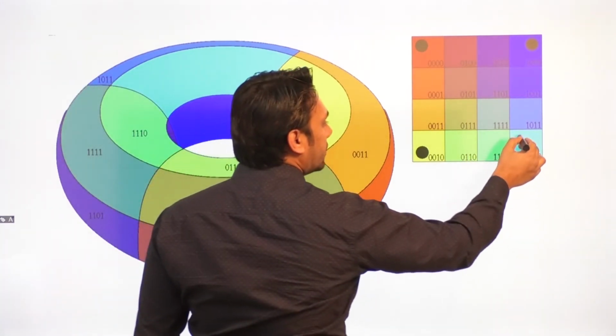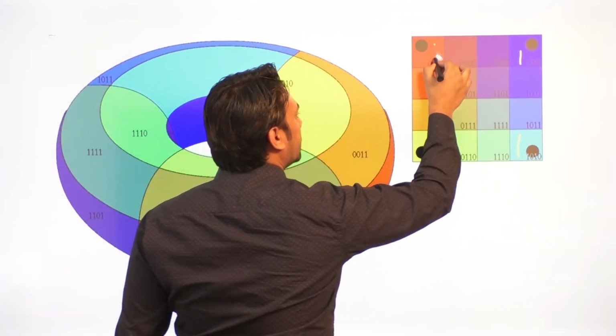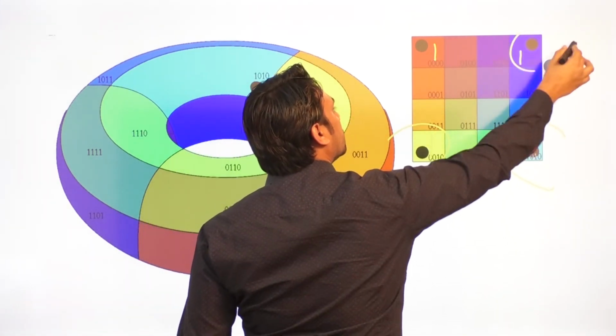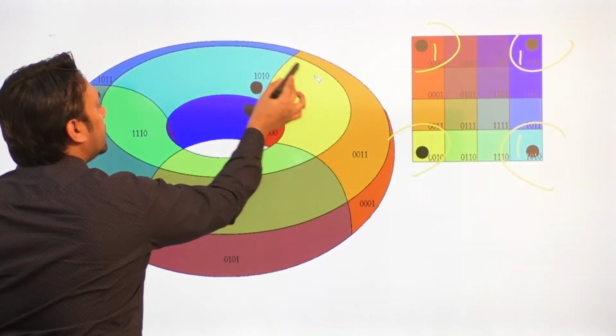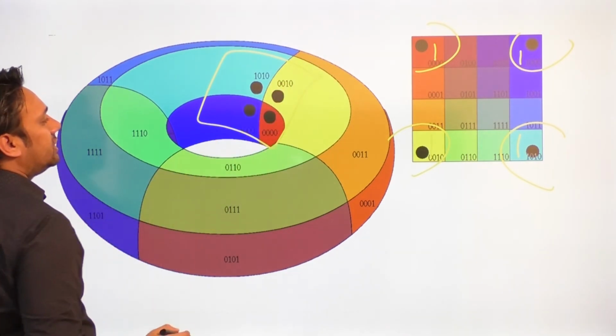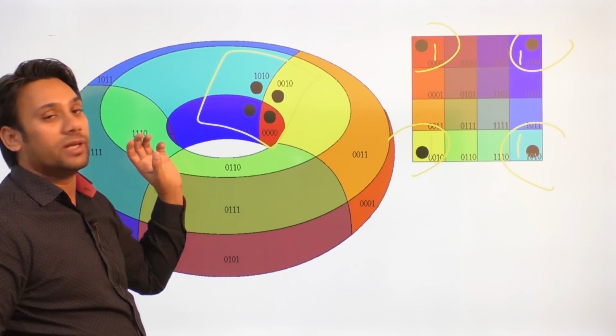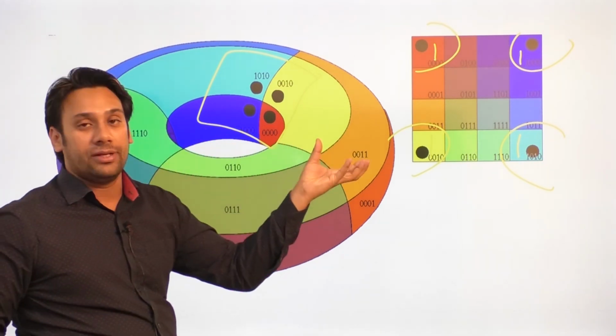Here we have a 1, here we have a 1, as well as here also we have a 1, then we can combine all of these ones together because they will make a subcube like this. That is why I can combine all of these 4 corners. Okay, I hope that you understood this part.